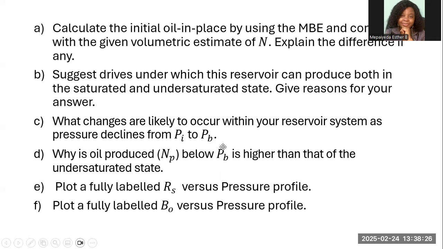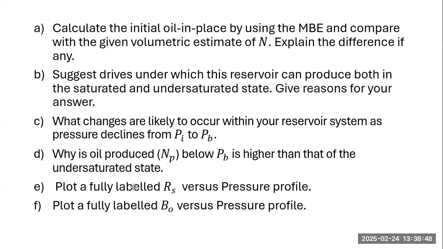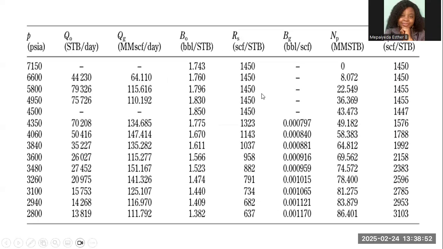So the oil produced below your PB, why is it higher than oil produced in the undersaturated state? You also want to check text and videos and see if you can give this question a shot. Plot a fully labeled RS versus pressure profile, and then a BO versus pressure profile.